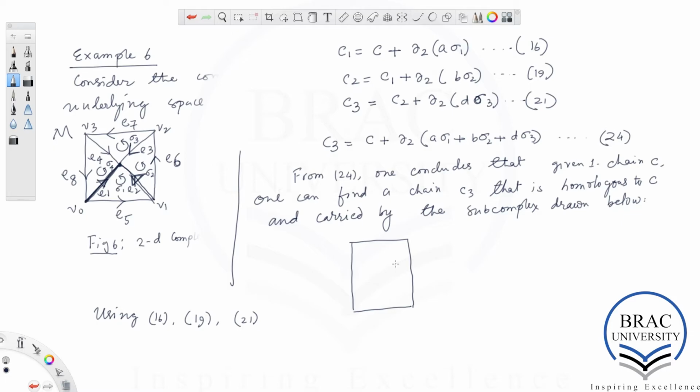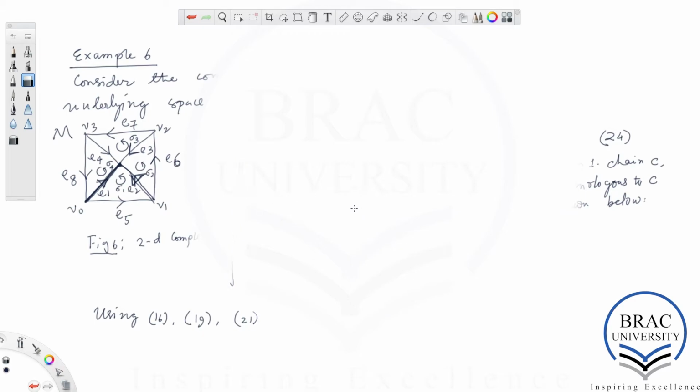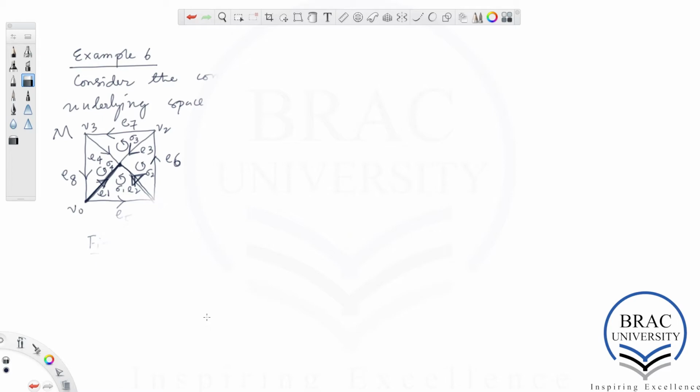So I need to put this figure somewhere, which I will not erase for a while. Let me draw it here: V0, V1, V2, V3, and at the center this vertex V, and this edge is also here.